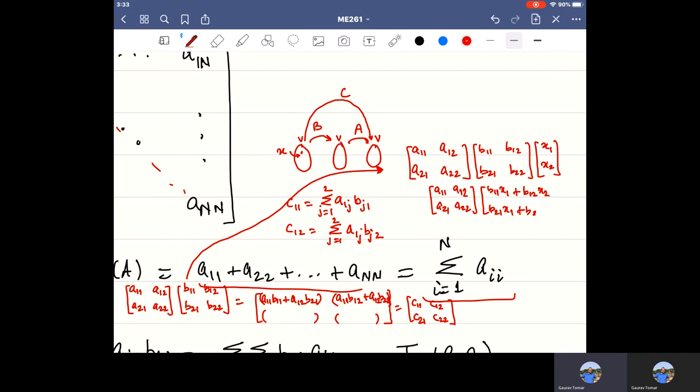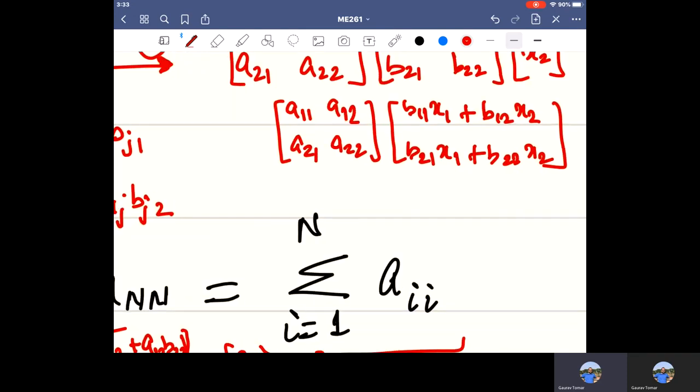After this we do the A mapping. Now when we do the A mapping, we'll write this as A11 into the entire B11 x1 plus B12 x2.